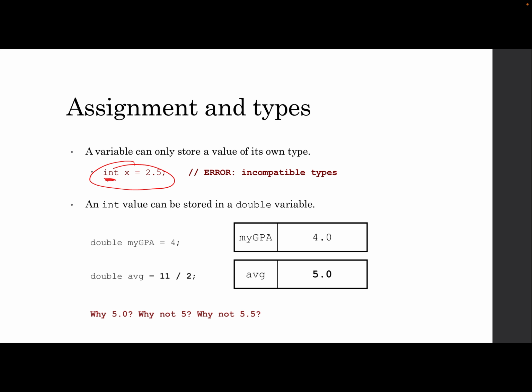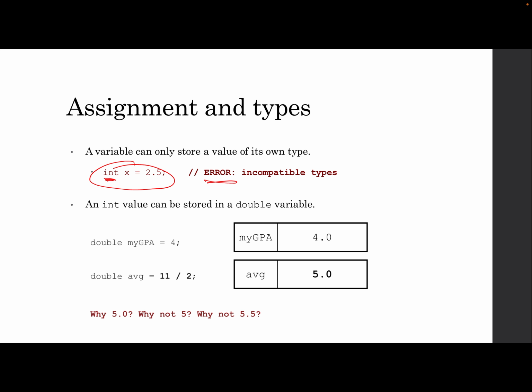Do you round it? Do you truncate it? Do you round it up? These different choices are going to produce different answers. And so instead of having these different choices that could be made, Java just simply says, nah, I'm not going to do it. Java is going to refuse to guess. Instead, it's just going to generate an error and say, I don't know what to do.